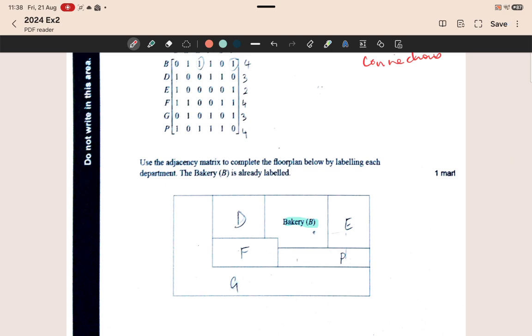It told me B, the order was 4, and so I first checked, I came from this region and I checked that this had an order 2, and I saw that 2 was E, and so I placed E over here. And after doing that, I looked at the 3.